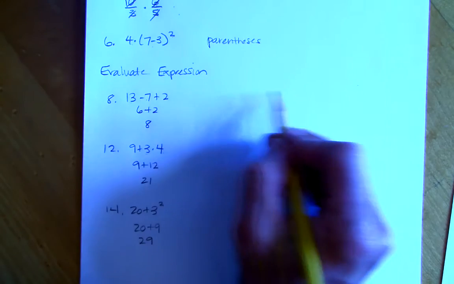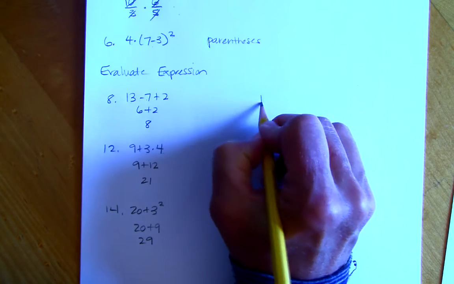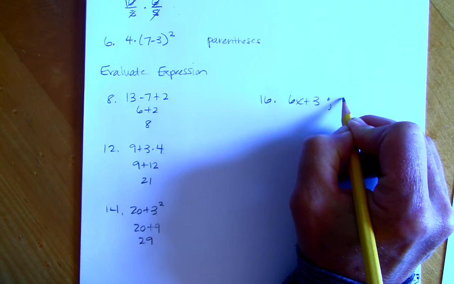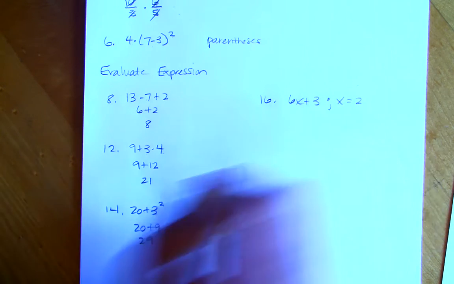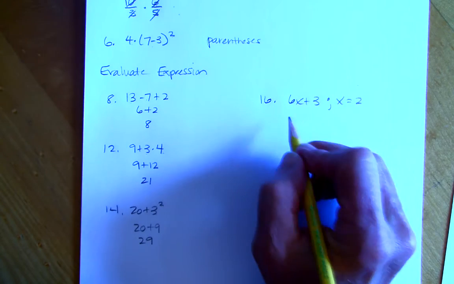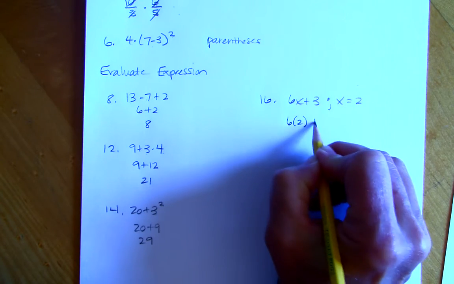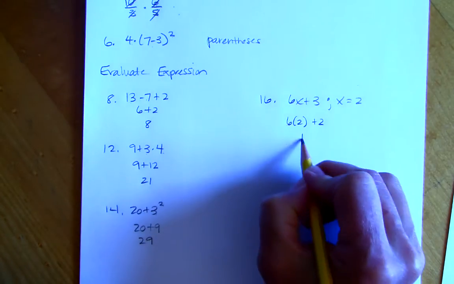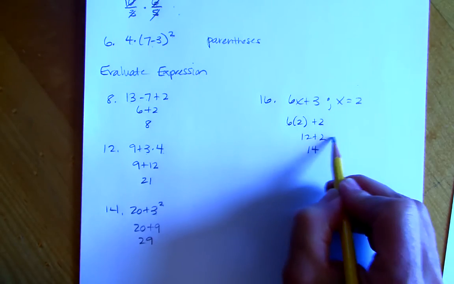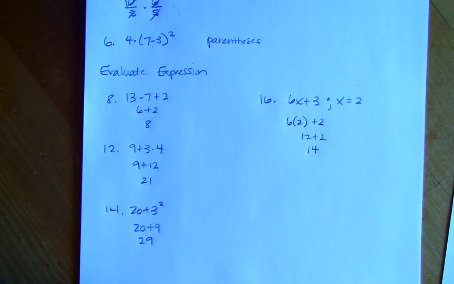In the next set, we're still evaluating expressions. In this case, 6x plus 3 when x equals 2. I'm using a semicolon to indicate when. And just go ahead and plug in. And multiplication comes first. And that answer is 14. Again, if you put equals 14, that's fine with me.